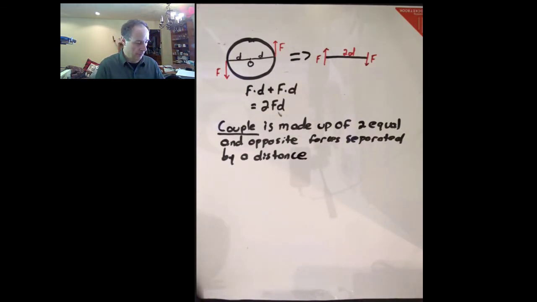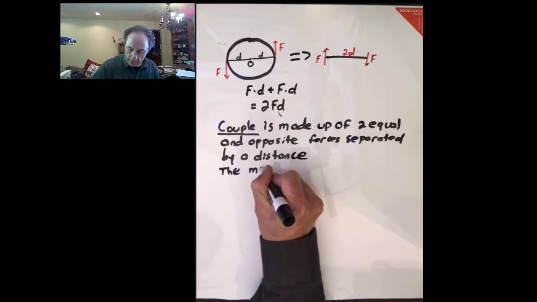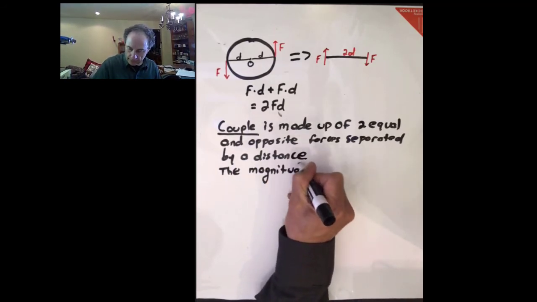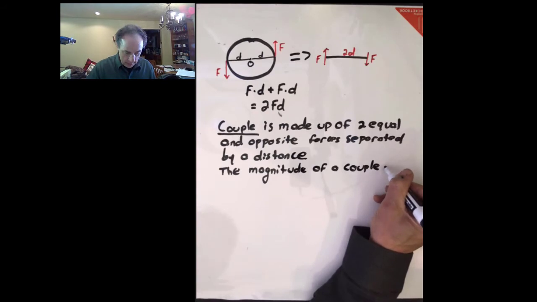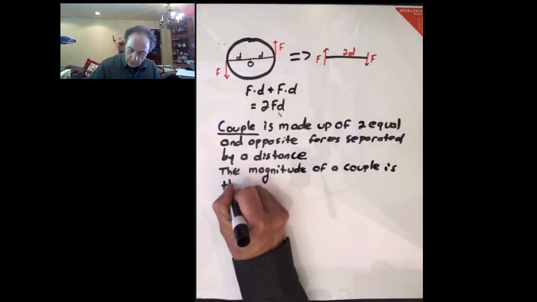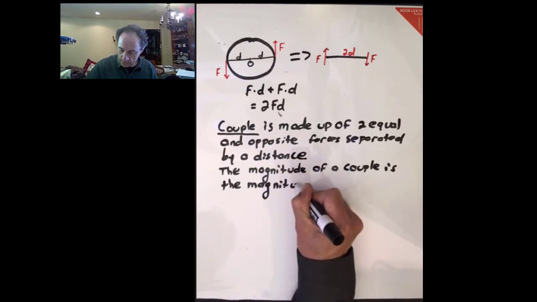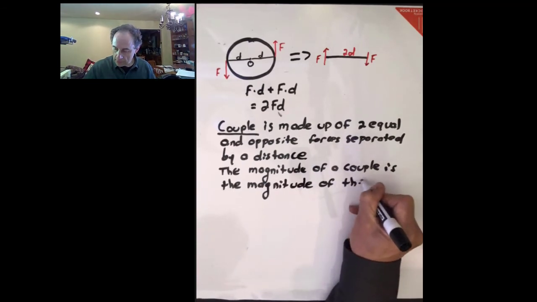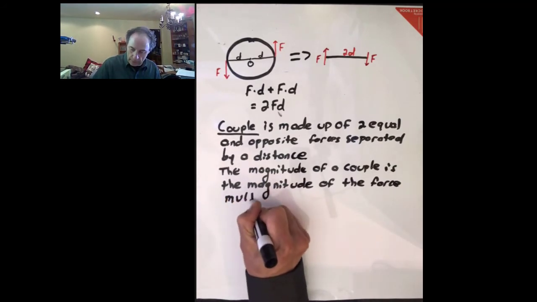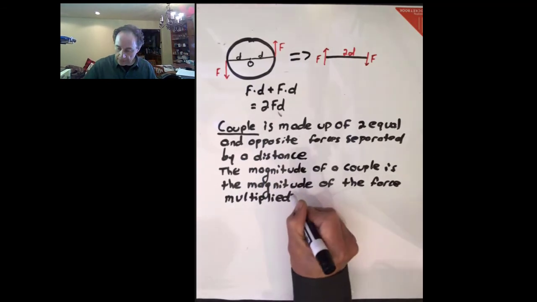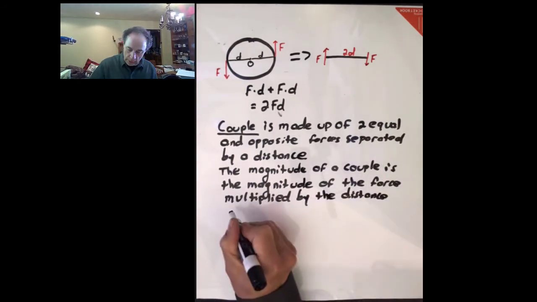So the magnitude of a couple is the magnitude of the force multiplied by the distance between them.